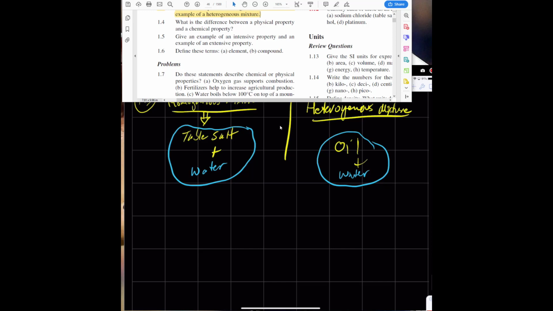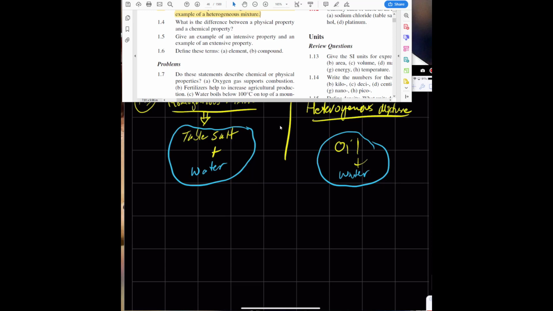If you have a salad dressing, for example, you shake it up and then you set it down on the table for a moment, and over time you would watch it separate. It never really fully mixes. It's always two separate entities mixed within the container, and you can always separate them.